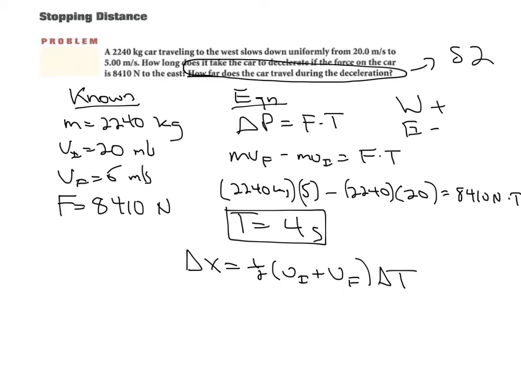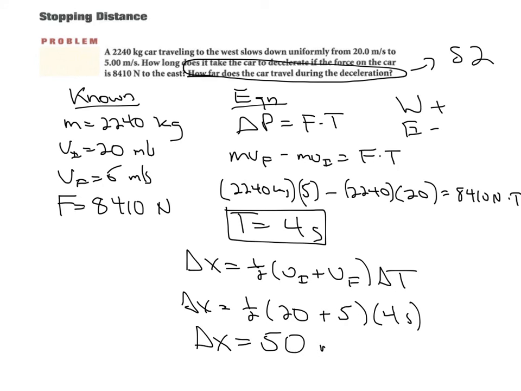So in our equation down here, when we put our velocities in, both velocities are to the west, so they're both going to be positive numbers. So we're going to get delta x equals one half times 20 plus 5 times delta t of 4 seconds. And this gives us a stopping distance of 50 meters. So it takes 50 meters for the car to come to a stop.